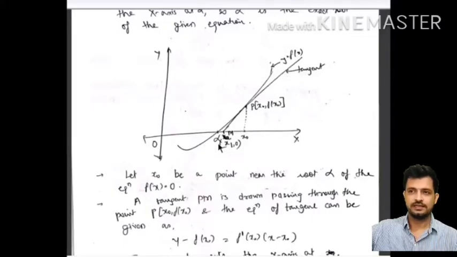That's why this method is known as the method of tangents. If we continuously draw tangents, we will get the values of different approximations like x1, x2, x3, x4 and so on.